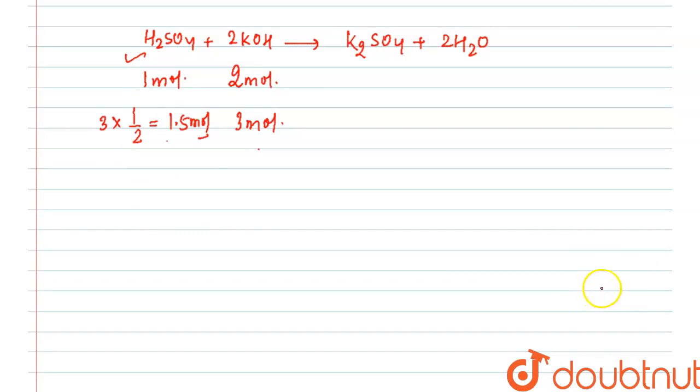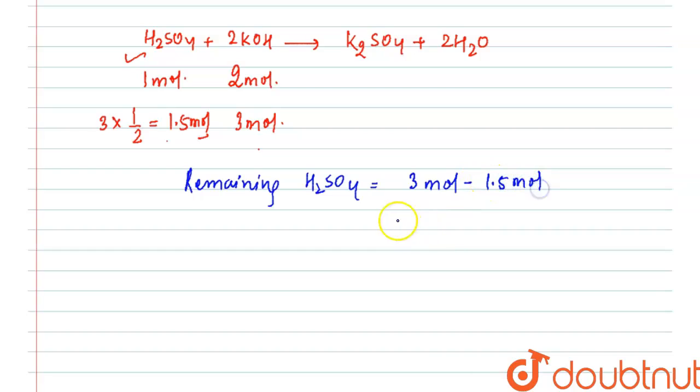So the remaining, unneutralized H2SO4 will be: total we have 3 moles, and we have used 1.5 moles, which means 1.5 moles of H2SO4 is now remaining.